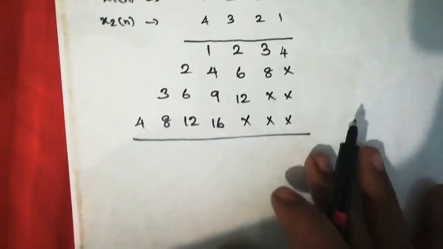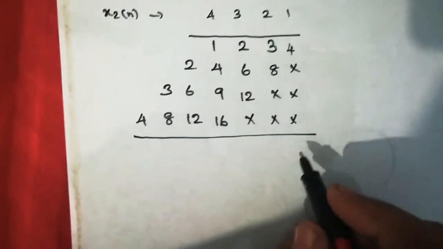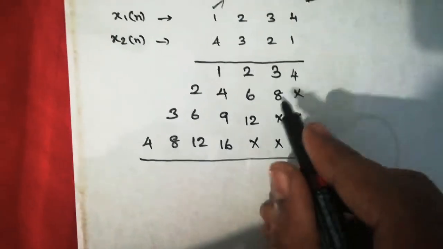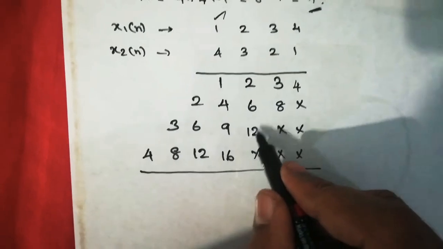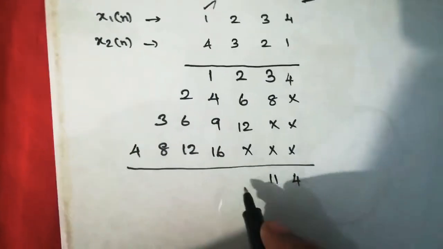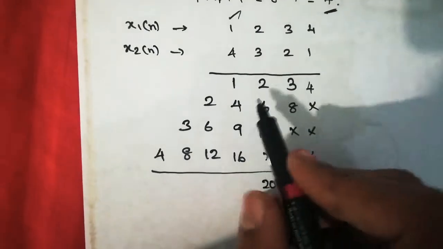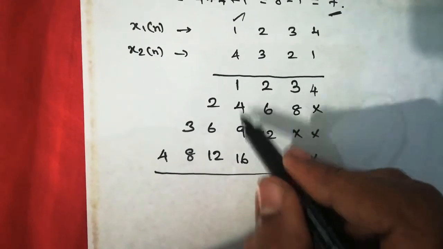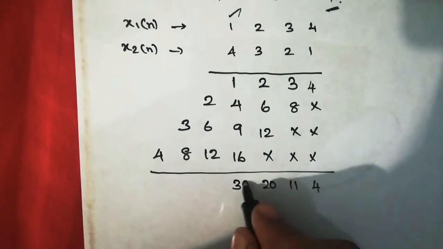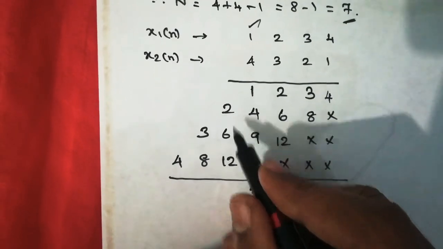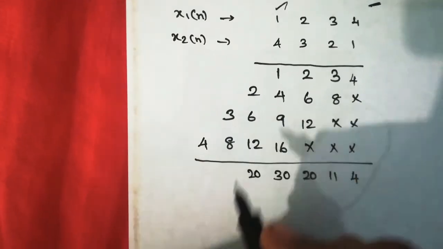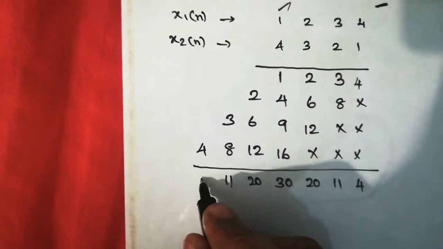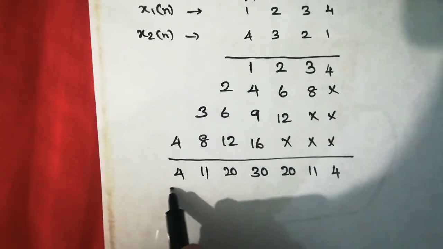Now just add all the values column-wise. You get 4, then 8 plus 3 is 11, 12 plus 6 is 18, 18 plus 2 is 20, next 16 plus 4 is 20, 20 plus 10 is 30, next 12 plus 2 is 14, 14 plus 6 is 20, next 8 plus 3 is 11, then 4. This is your answer.